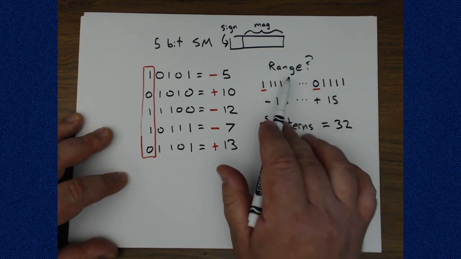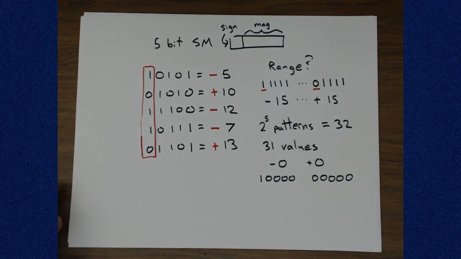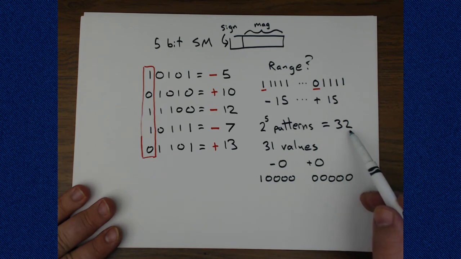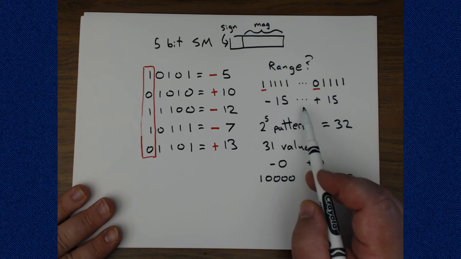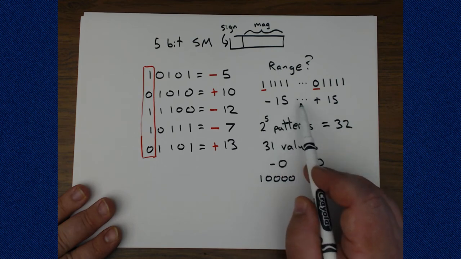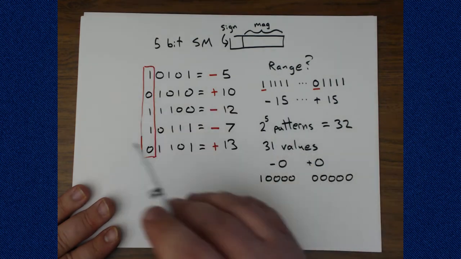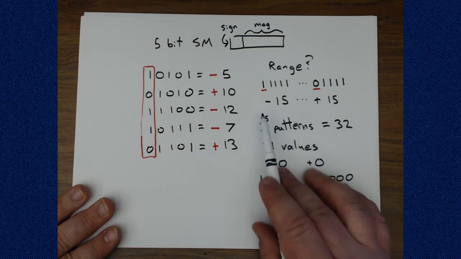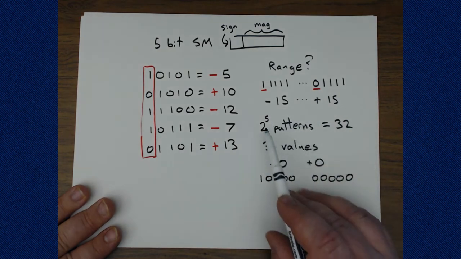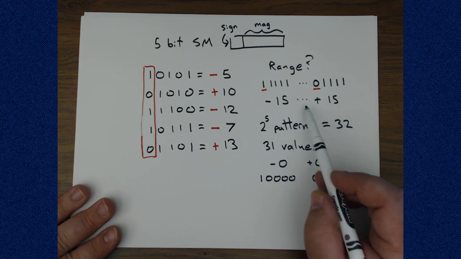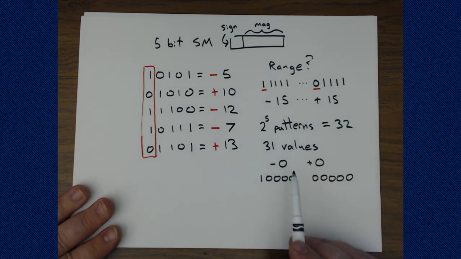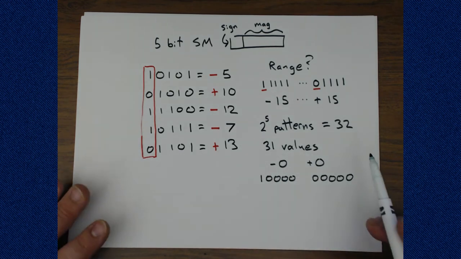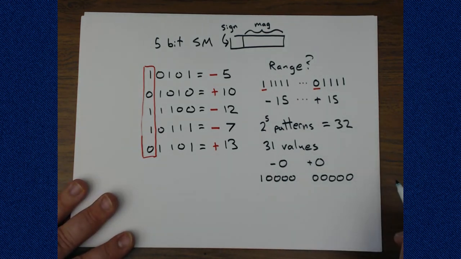So in returning ourselves then to the question of range, we actually see that we are going to have the complete range of values, but we're going to have 2 zeros. In the negative section, we're going to have the numbers from 0 to negative 15 for 5 bits. And that's half of the total representational power of 5 bits. In the positive half, we're going to go from positive 0 to positive 15. Each of those 2 halves being 16 numbers, half of 32.